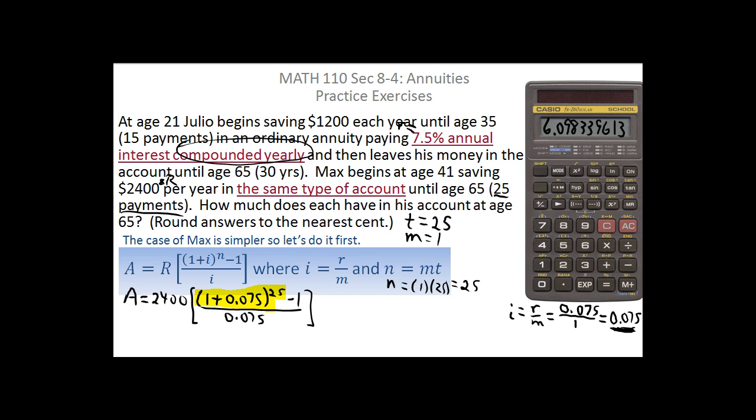Looking back at the formula, now I want to subtract 1 from that quantity, so I simply go to the calculator and do minus 1 equals, which gives me 5.098339613. Looking back at the formula, I need to divide that result by 0.075.